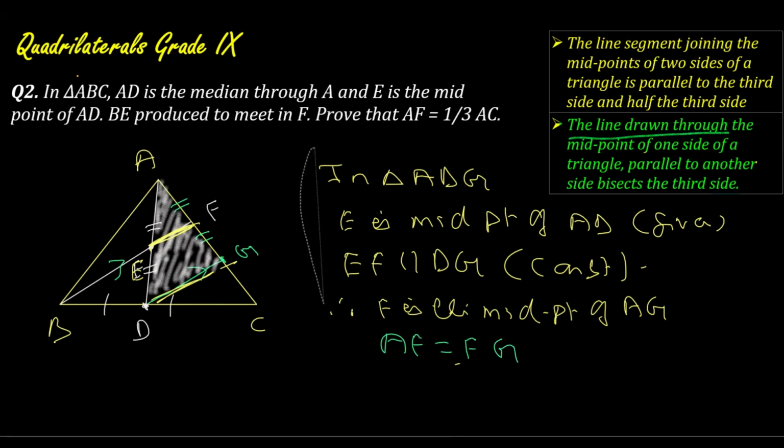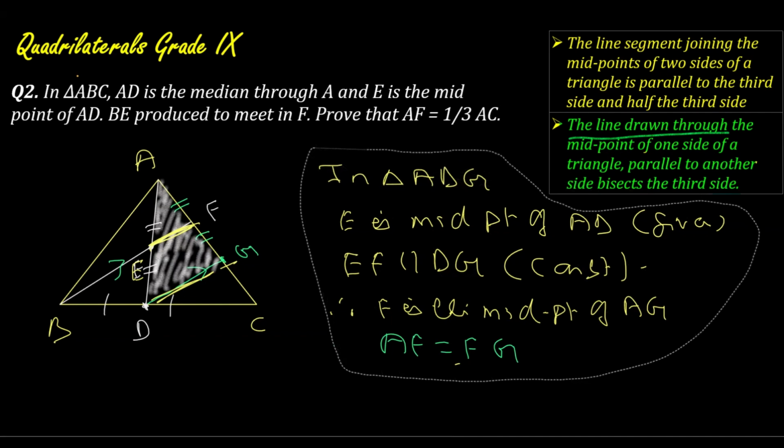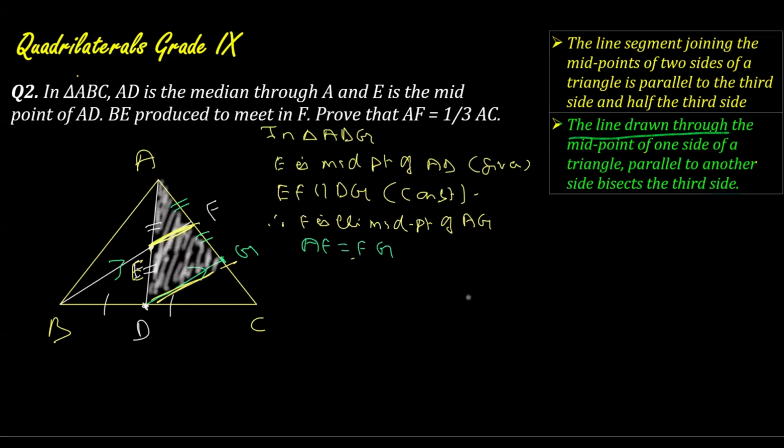Now, the very same thing we are going to do in another triangle so as to prove the second part. In the next part, I'm going to consider a different triangle, because we are supposed to prove FG is equal to GC. So we'll be taking this triangle BFC.